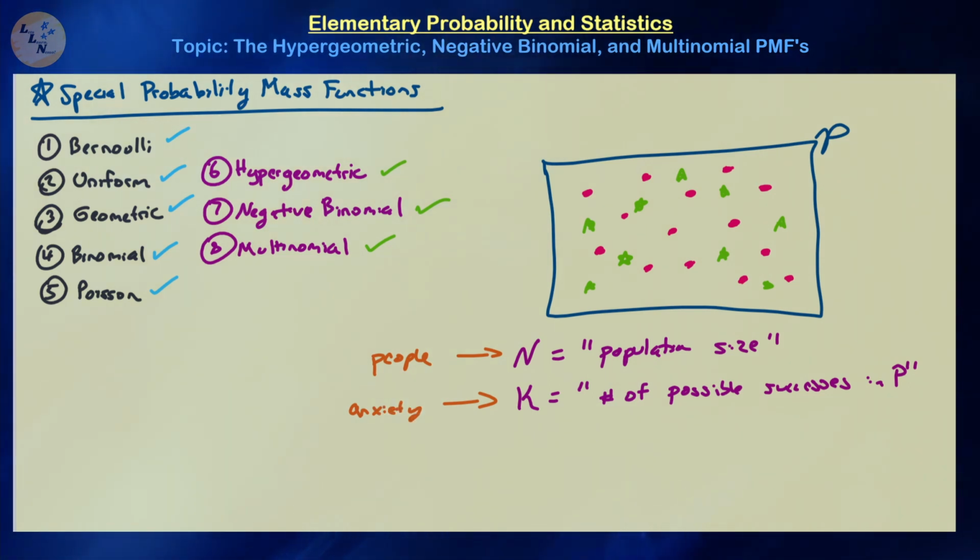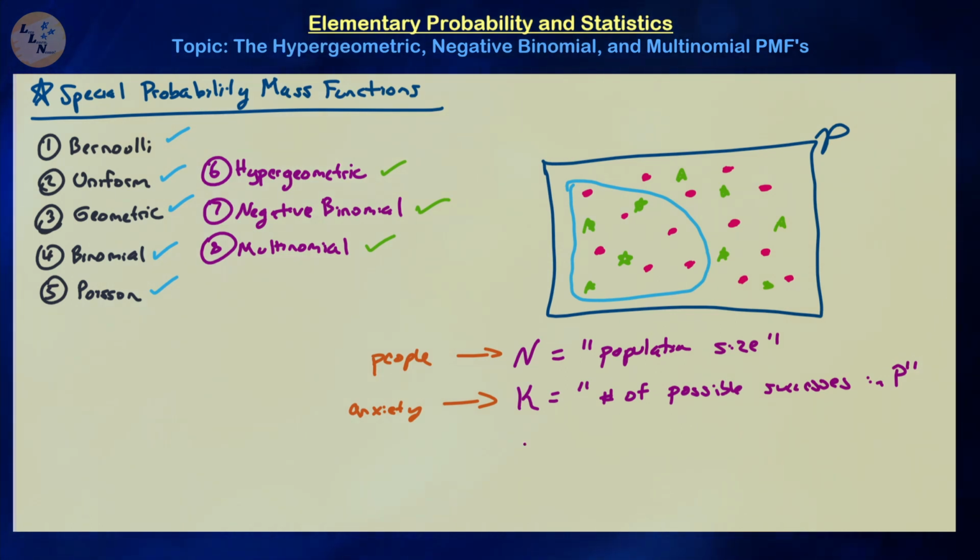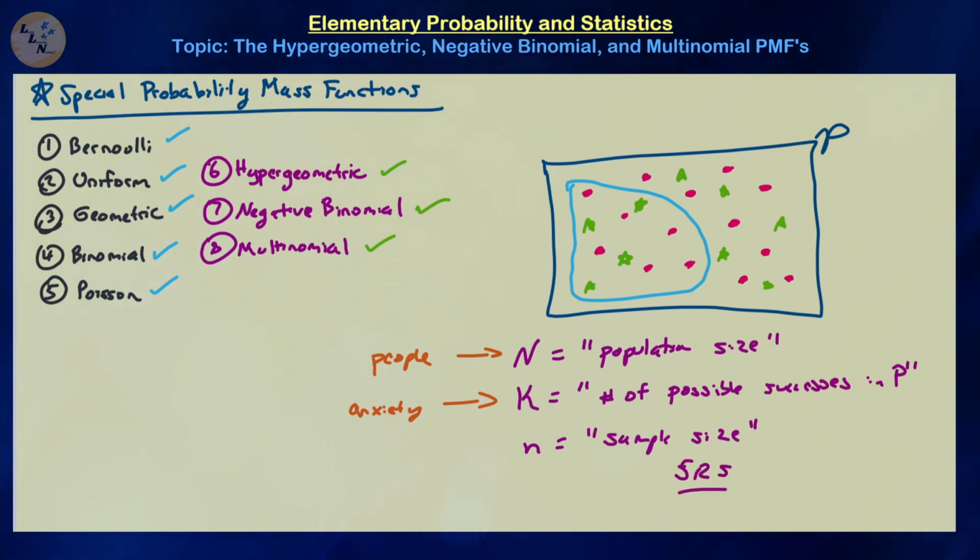So what we usually do, since we cannot study the entire population, is we go into this population and we grab a sample from that. So we're going to denote little n to be the sample size. Keep in mind little n is always less than or equal to capital N. Typically this is a simple random sample also.